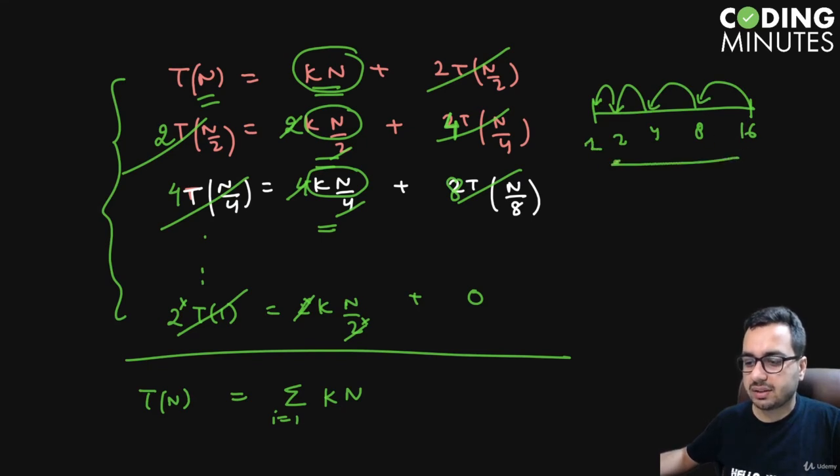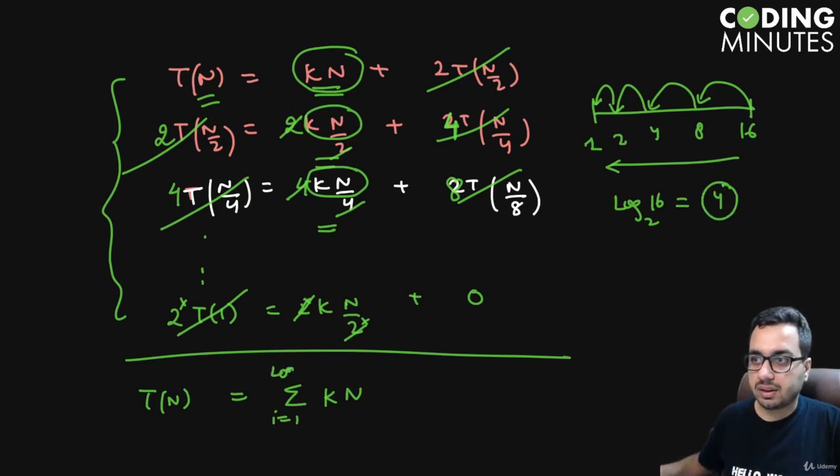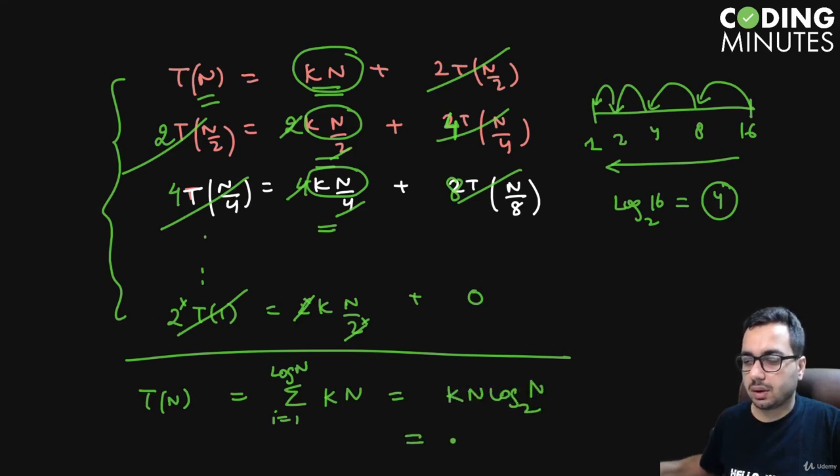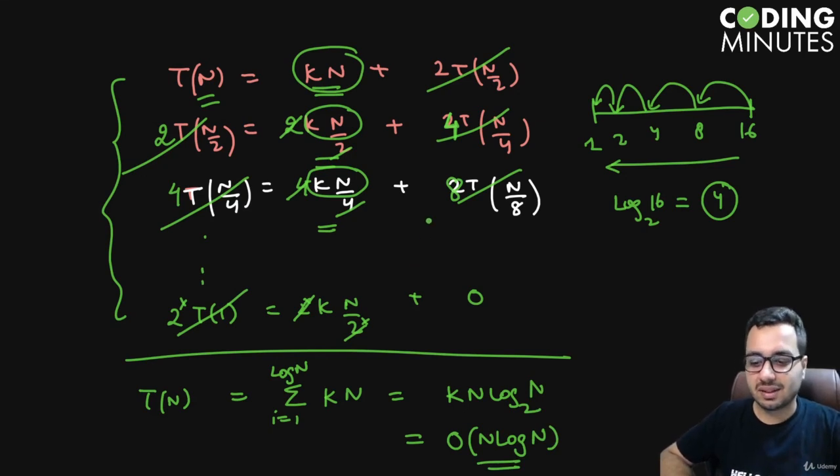How many iterations did it take? It took log of 16 to the base 2, that is 4. So effectively we have log n such equations. So it becomes kn times log n to the base 2, and the complexity becomes order of n log n. This is why we said the complexity of merge sort is n log n.